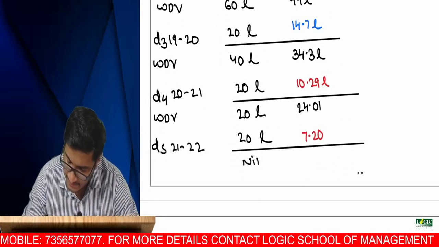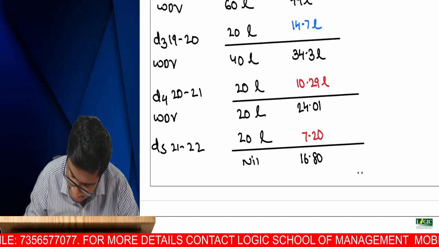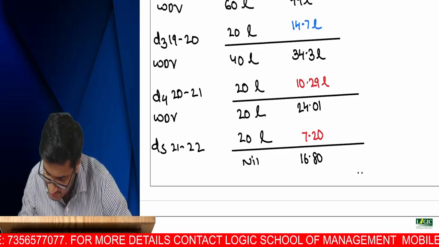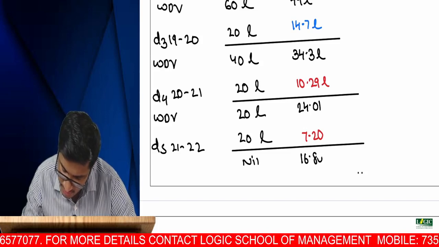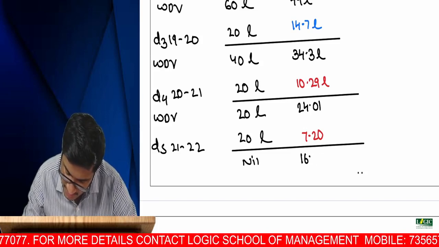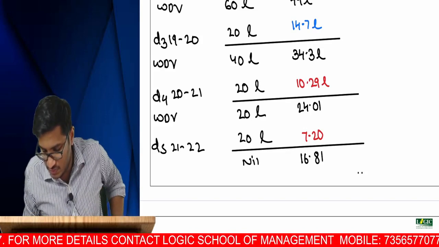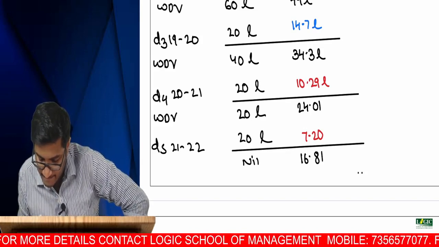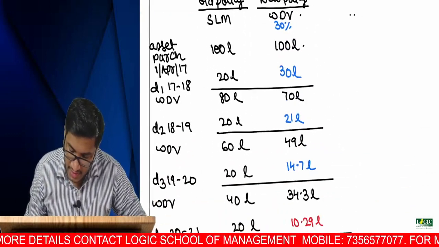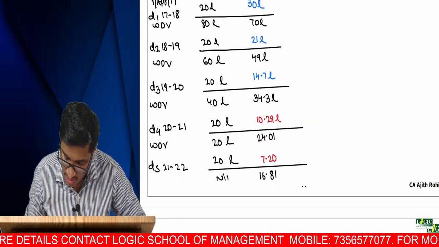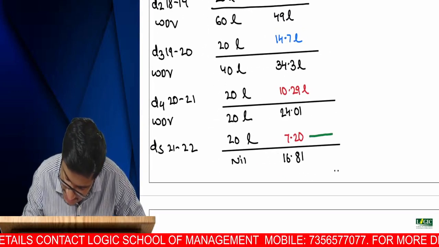So what is WDV? 81, as per our working, it will be 81, isn't it? Okay. So that way we have given. So this is our current year. Tell me, isn't this our current year?